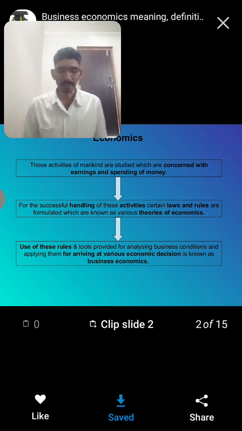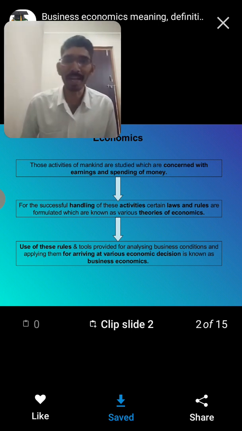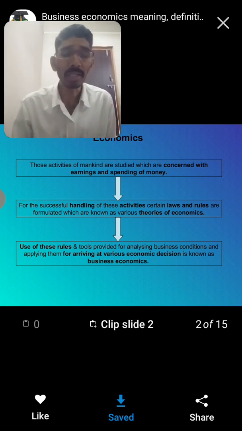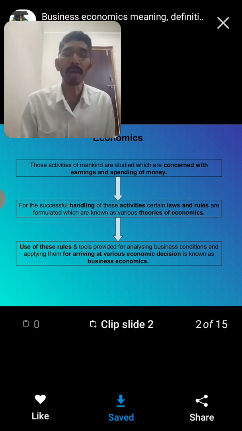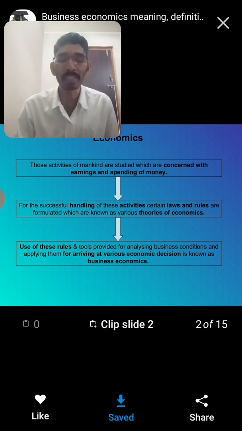Business economics is a branch of knowledge which applies economic theories to the problems of business management. It helps to take decisions relating to the business as well as managing the business.